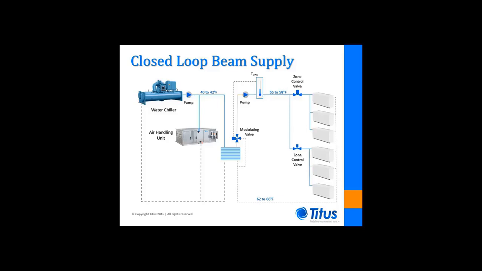A bypass valve adjusts the volume flow rate of beam loop return water passing through the heat exchanger to maintain the desired chilled water supply temperature to the beams. This is a very effective method of maintaining the beam system's chilled water temperature, as it eliminates any possibility of low temperature chill water passing into the beam loop.